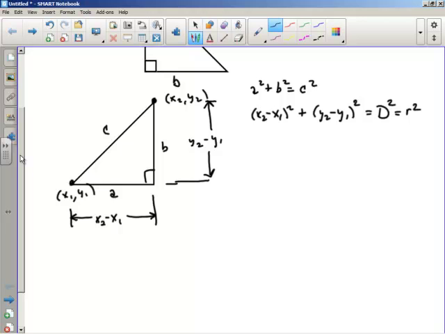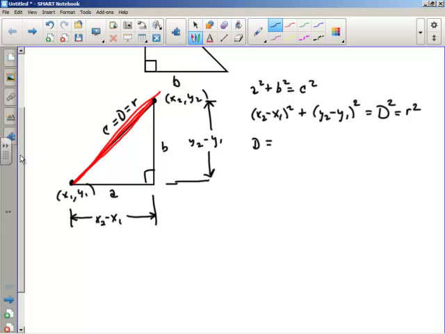Now, that's the square, the distance between those 2 points. This distance between the 2 points, C, I'm going to call that D. Heck, I might even label it R at some point in this hour. Okay. Well, what does that tell us D must be?